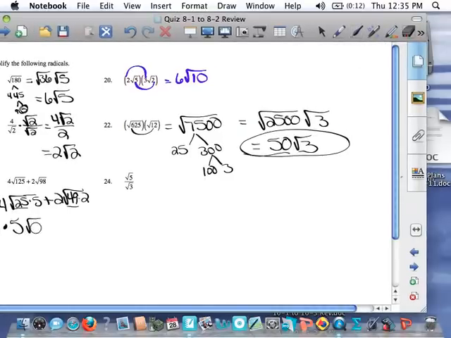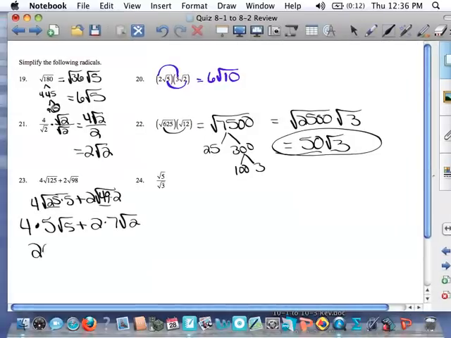Sorry, I wrote that as a 2, it's a 5. Plus 2 times 7, square root of 2. You end up with 20 root 5 plus 14 root 2. Stop there. That's the answer. You can't do anything to simplify that.